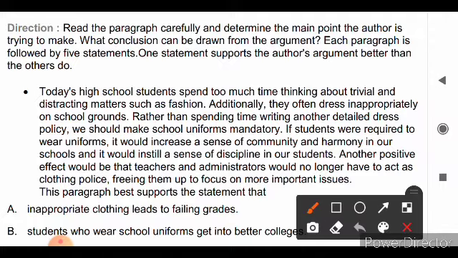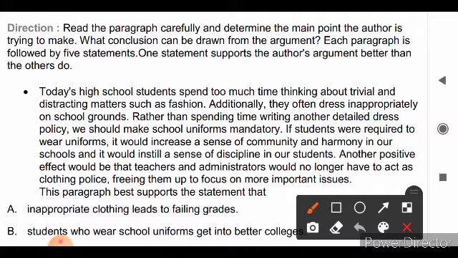Additionally, they often dress inappropriately on school grounds. Rather than spending time writing another detailed dress policy, schools should make school uniforms mandatory. If students were required to wear uniforms, it would increase a sense of community and harmony in our schools, and it would instill a sense of discipline in our students.